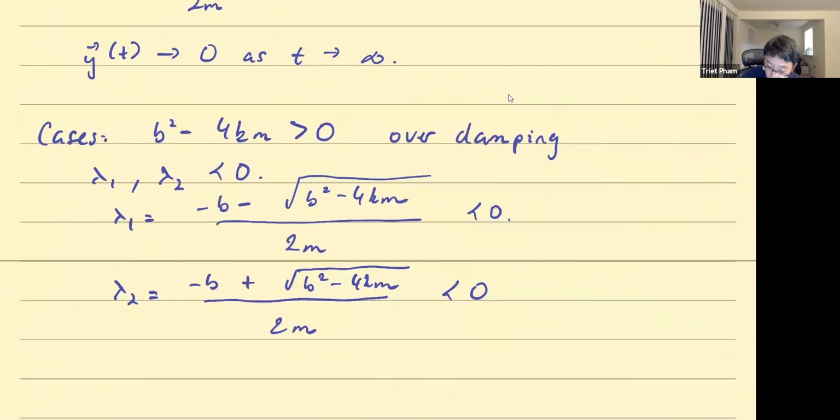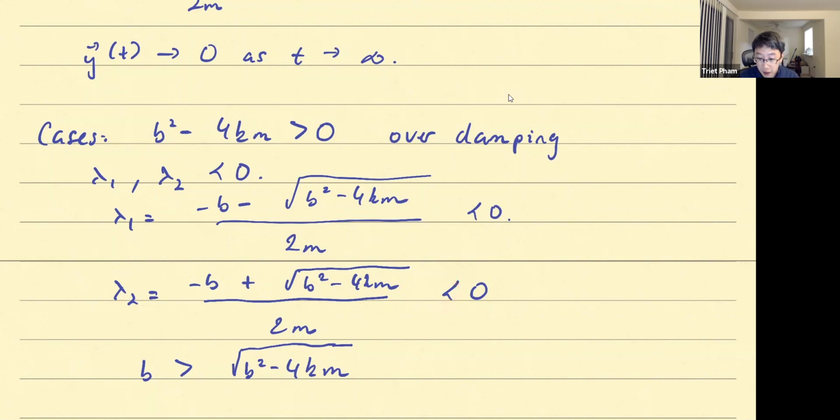Well, you know this from the fact that b is bigger than the square root of b squared minus 4km. Correct, exactly. If somehow this guy were positive, then we're in trouble.